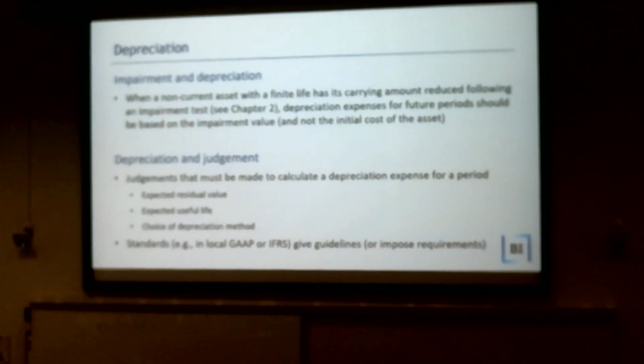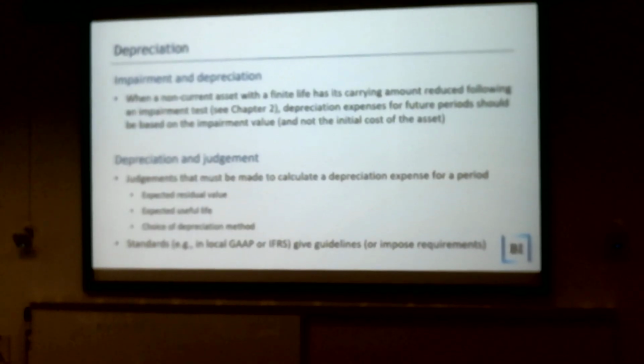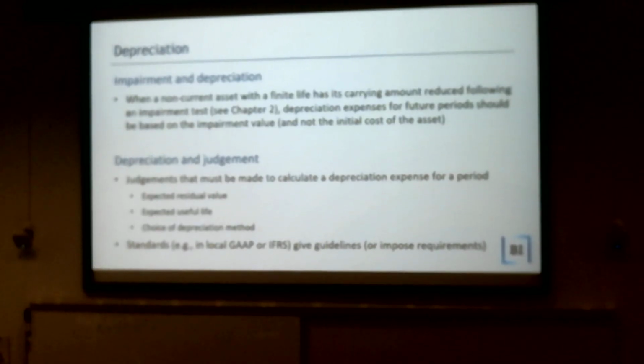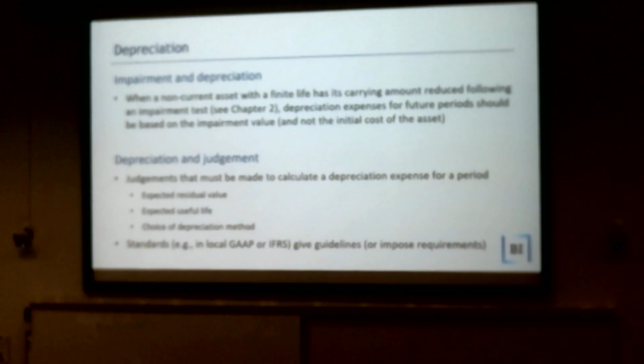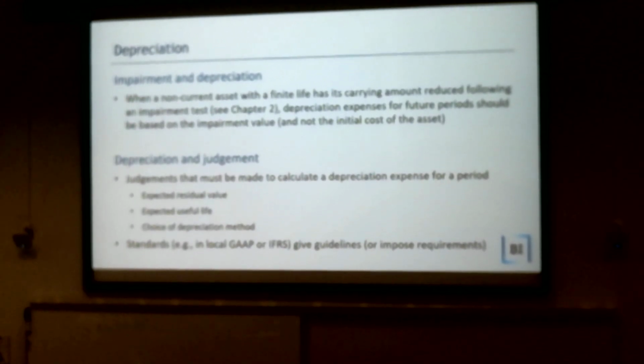So we had this car example. We calculated initially with 10 years, and then after 5 years there is an accident or something, and the car does not work anymore. Of course, you do not go on with this 5-year depreciation, but you have an expense of the whole carrying amount in this one period where the accident happens. Yeah? So that's what we have here. What do we have on the next bullet point?